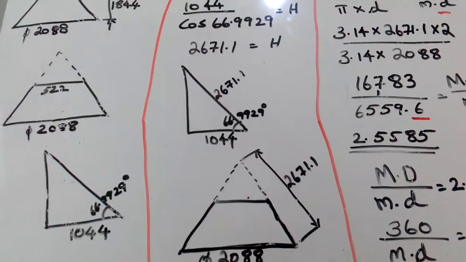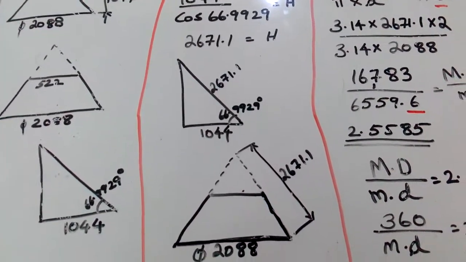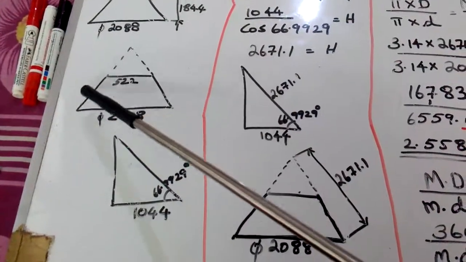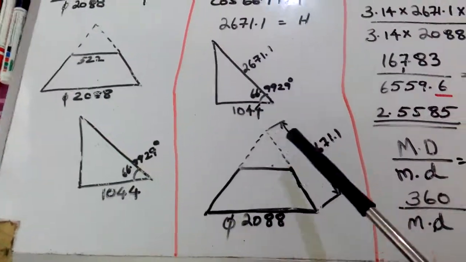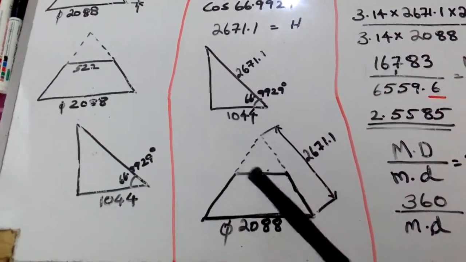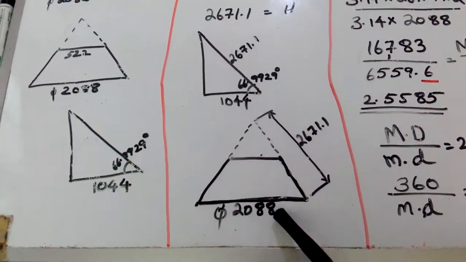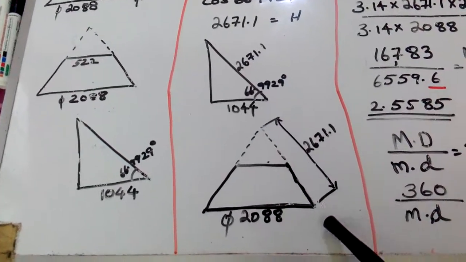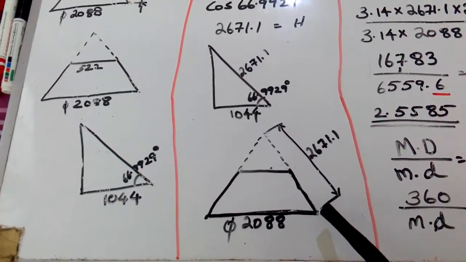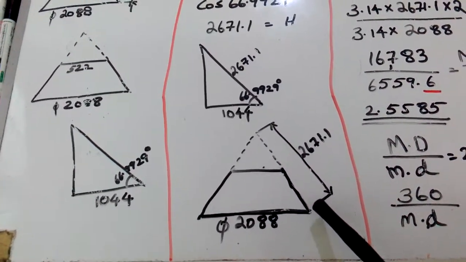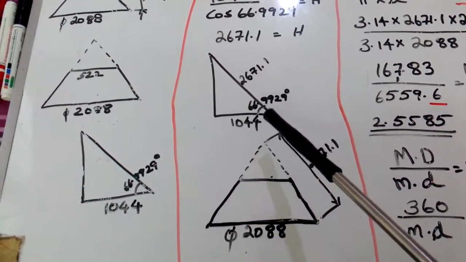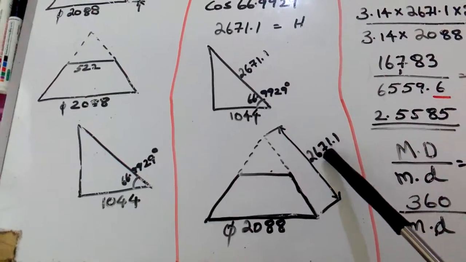For teaching you it properly, and if it has to be underlined in your mind, this triangle once again I have drawn here. Its diameter is 2088 and its hypotenuse, this measurement from the bottom to the corner, top side will be 2671.